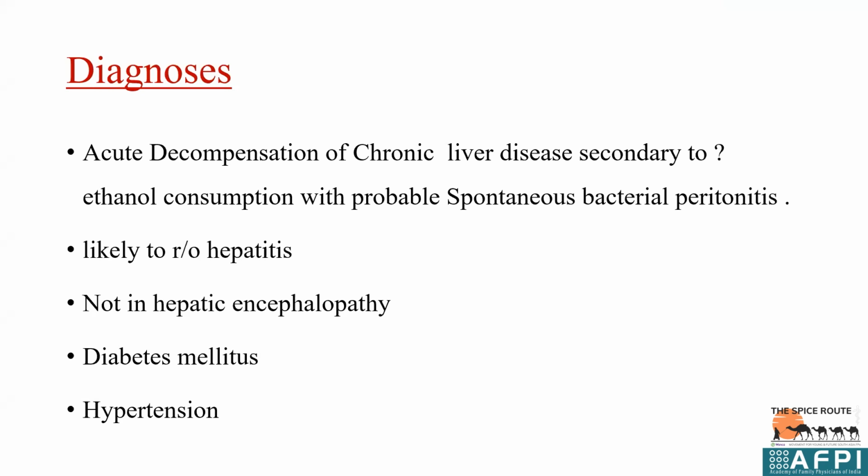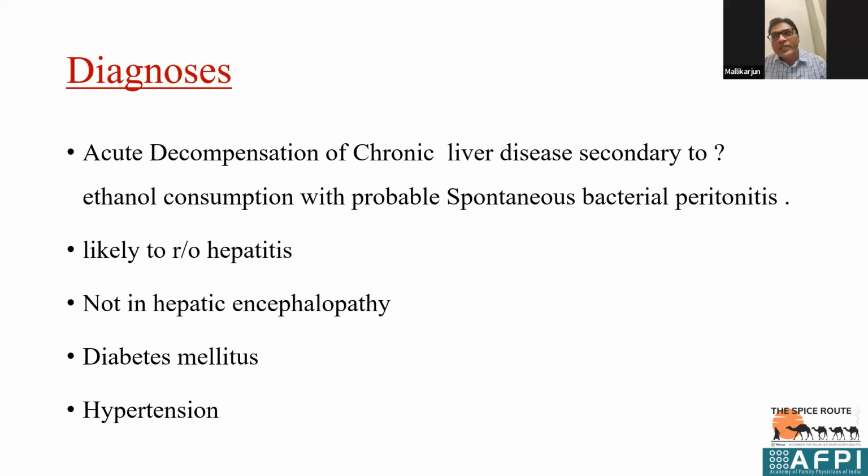Rifaximin, that is only in hepatic coma or something else, not for this reason. For SBP prevention, they use something else. Sir, Dr. Mallikarjun, do they use prophylaxis nowadays for SBP? Prophylactic norfloxacin is given for a long time.